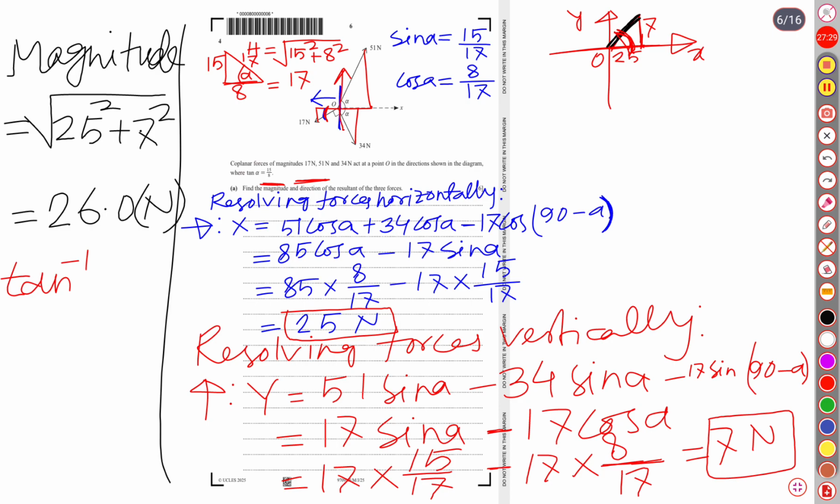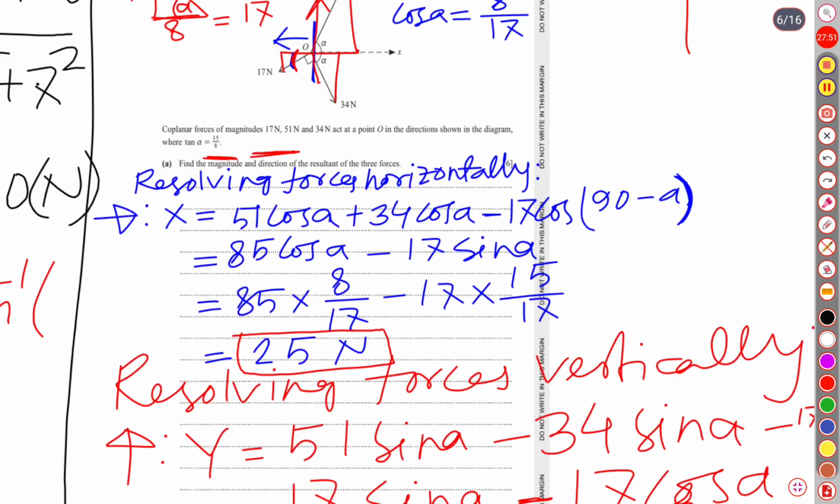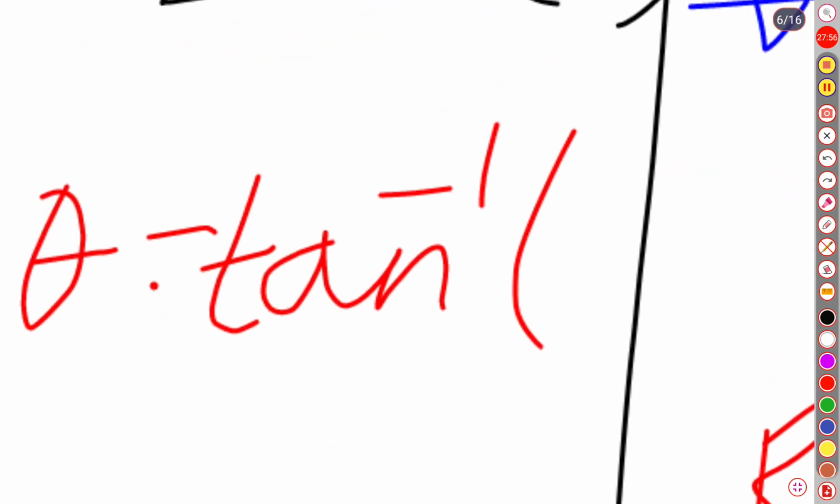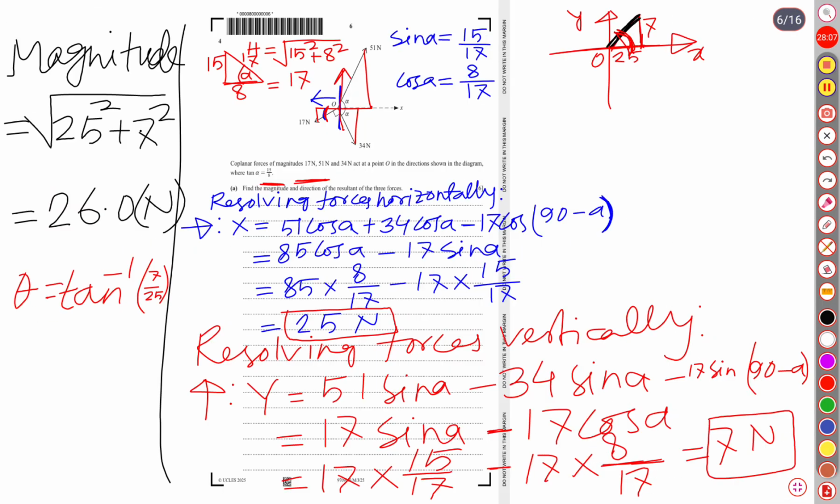Let us write our angle, direction. Okay, angle theta is equal to tan inverse of what? Tan inverse of 7 over 25. Then we will find the value of this using our calculator.